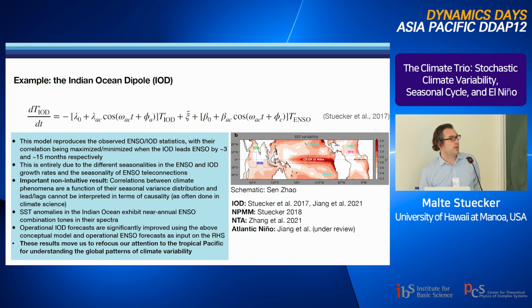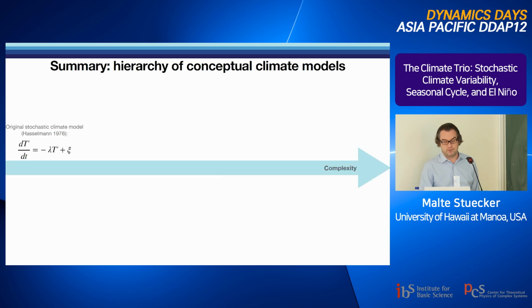We can use the same framework to reinvestigate the driving forces of this variability and look at whether there's actually a feedback back to ENSO. This is a lot of ongoing work, but I think we now have the framework to do this carefully.